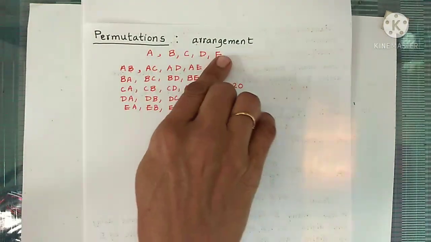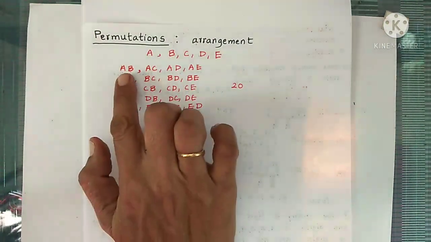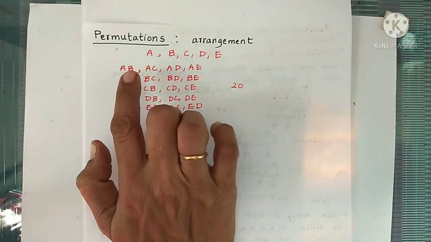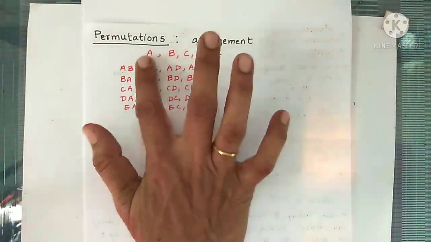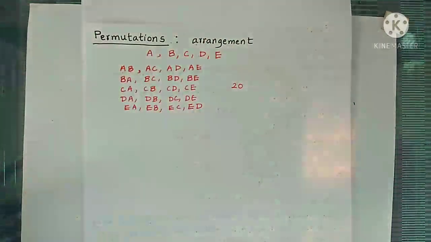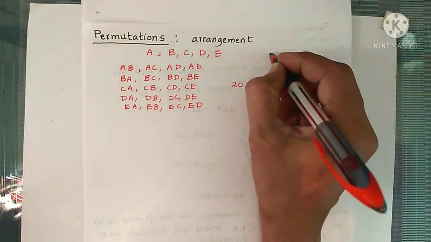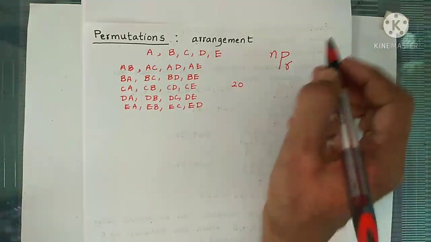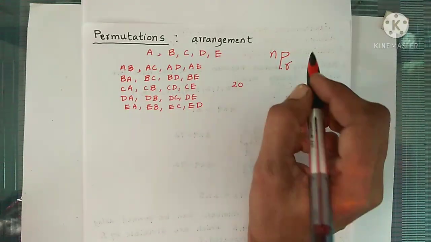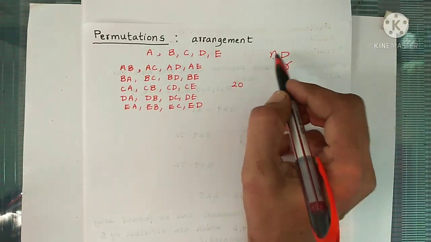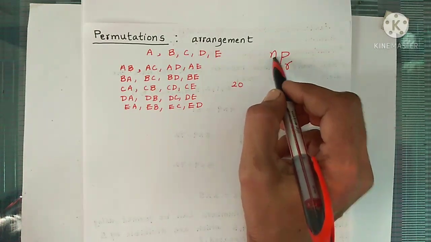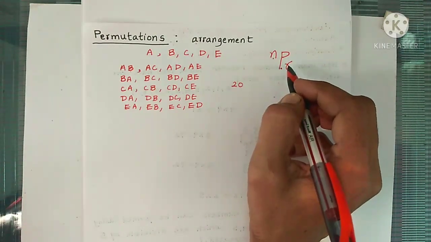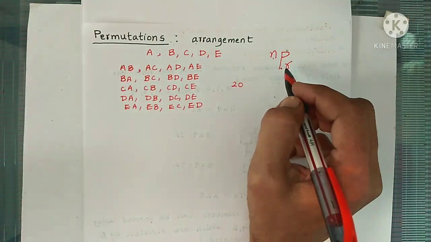So we have given five objects and we are taking two at a time. So it is the permutation of five objects taken two at a time. Whenever we write nPr, see the notation used here is nPr. P for permutation, n is the total number of given objects and r is the number of objects that are to be arranged.